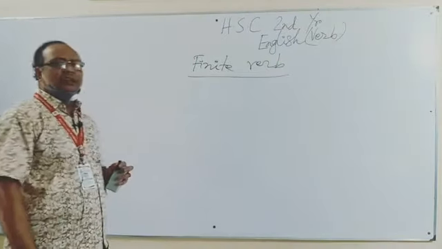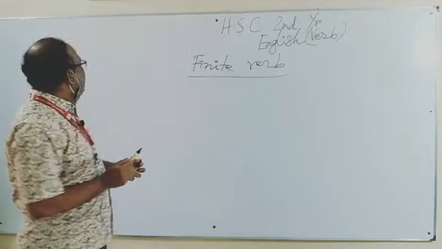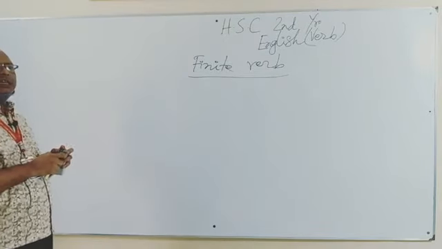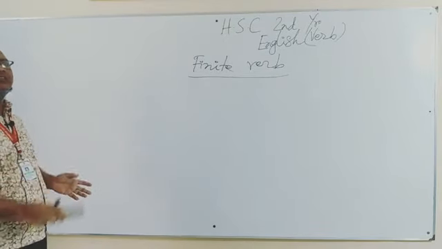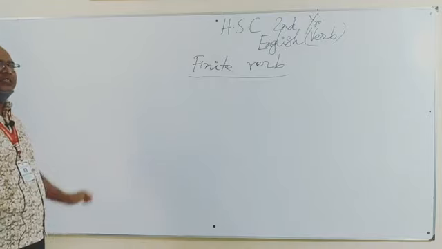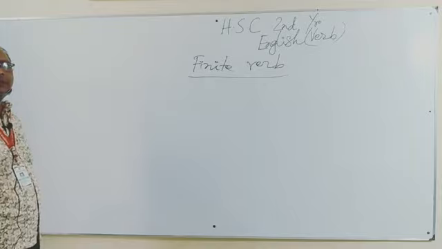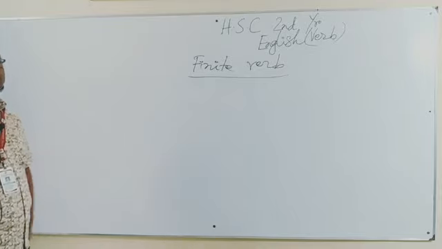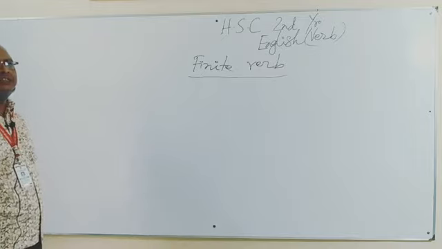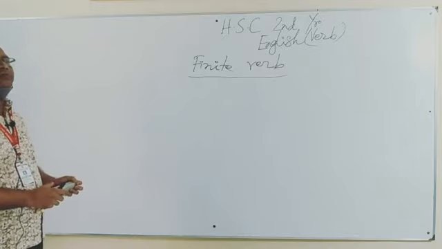This is very, very important, finite verb, because without it there cannot be any sentence. To make a sentence, you must use a finite verb. So what is the definition of finite verb? The verb which completes the sense of a sentence is called a finite verb.